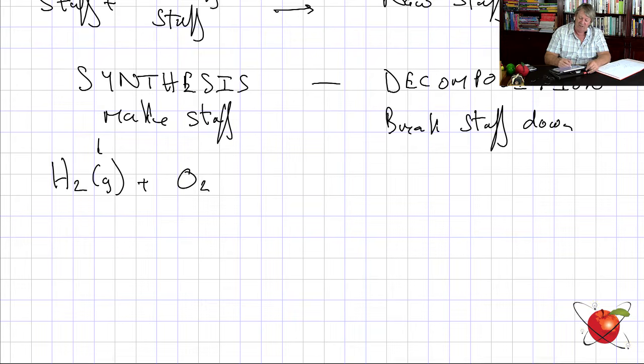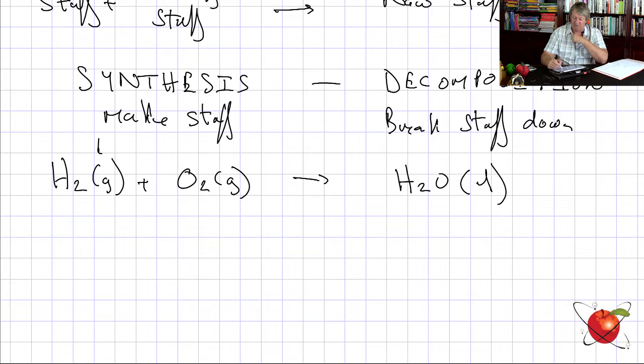Plus oxygen gas, remember, went to water. And that was a different phase. It was liquid, right? And we had to balance it. I'll get to the rules for balancing. Oxygens, we've had 2 and 4, so we need a 2 there. Remember, it means we need 2 to 1 to get 2. This is beginning to get towards the recipes for making stuff. So that was synthesis. We made water out of the 2 basic elements, didn't we?